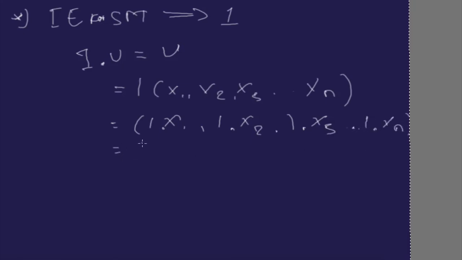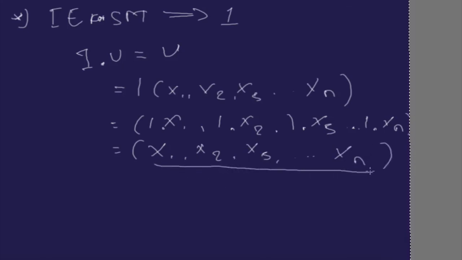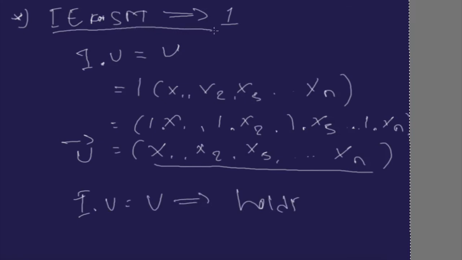So the result is x1, x2, x3, up to xn. It looks like the members of vector u. So the identity element times u is equal to u, and it holds the identity element for scalar multiplication property.